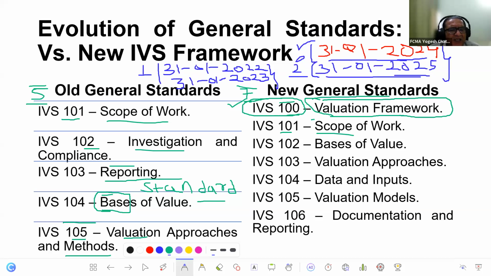All those details, the entire methodology of valuation and the entire scope of work of the valuation, will be covered in the engagement letter.